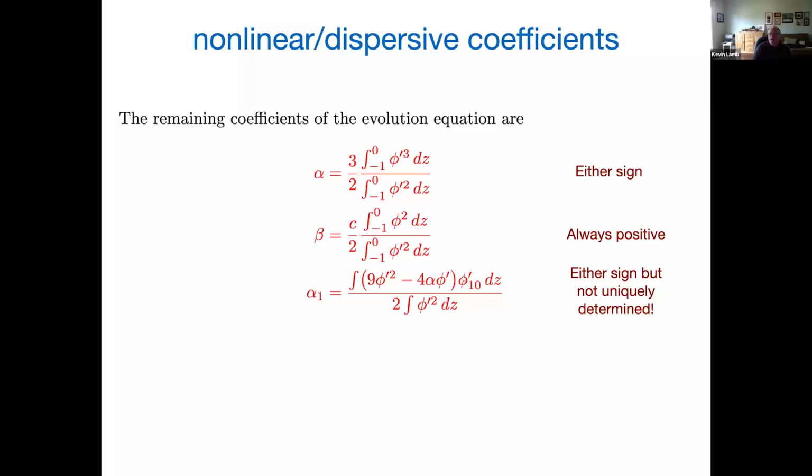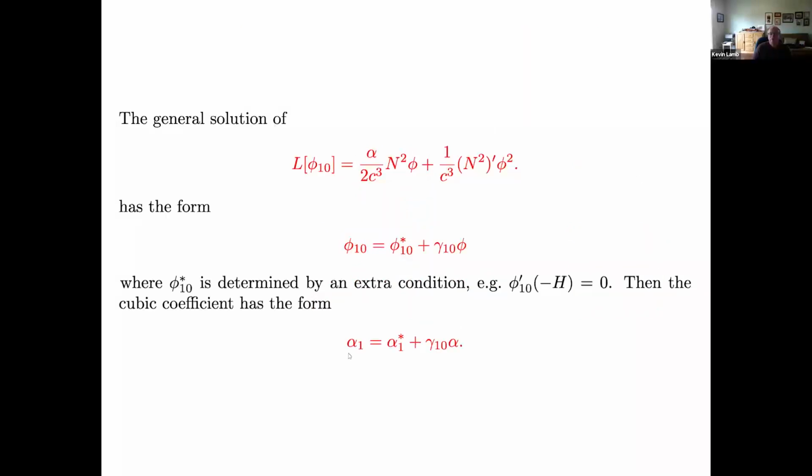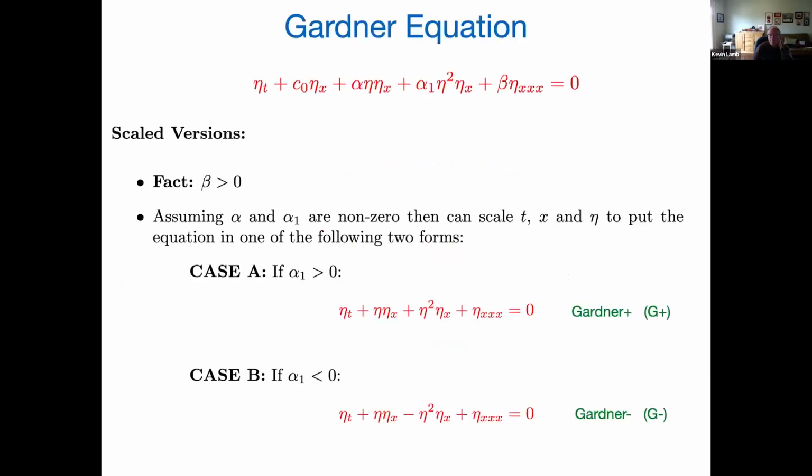If I add a multiple of phi to phi10, I'm going to change the value of alpha 1. So alpha 1 is, say, alpha 1 star determined by some extra condition, plus gamma 1, 0 times alpha. So the cubic coefficient in the Gardner equation is not uniquely determined.